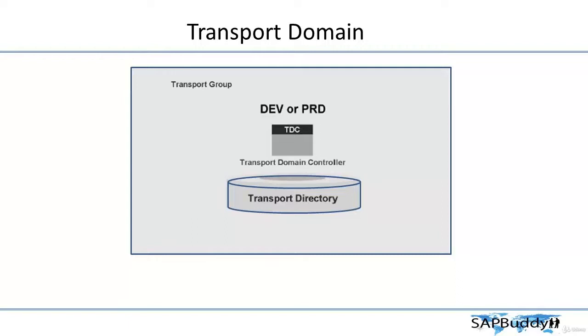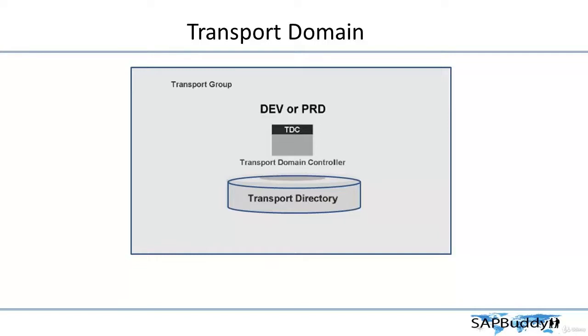But it is also possible, let's say, if you have a CUA, central user administration system. Generally, the central user administration system is set up in the initial stage. CUA means basically the user administration will be done by one central system instead of doing it in different systems. How we set up the CUA system is explained in the security course.